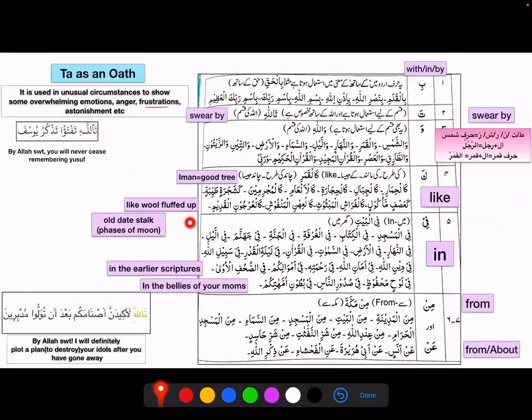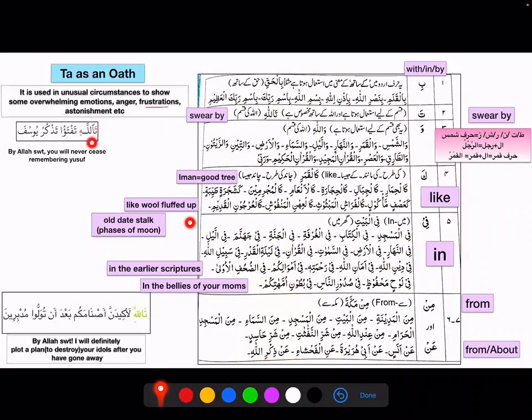And now, what is the homework? Subhanallah, the word tallahi, I just quickly want to go over, and I said that this is a special kind of oath. And basically it is used in unusual circumstances to show some overwhelming emotions, anger, frustration, and astonishment.